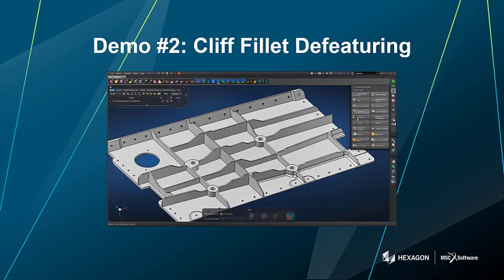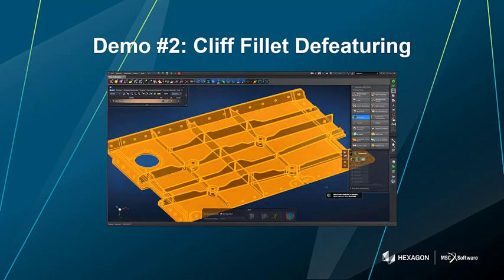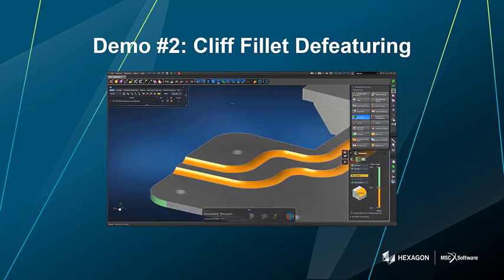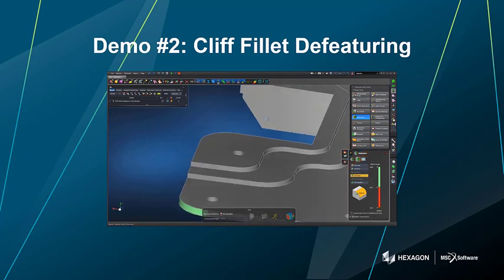Now if we switch to Apex 2021 and I do the exact same defeature, by identified feature, I select it, and I click on fillets. Sure enough, look, it identifies the cliff fillets. Not only that, but if I execute and defeature them, it will turn the geometry into what I want, which is that nice, clean, defeatured face.